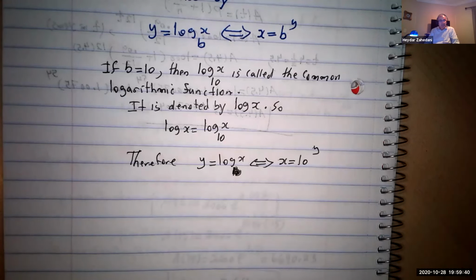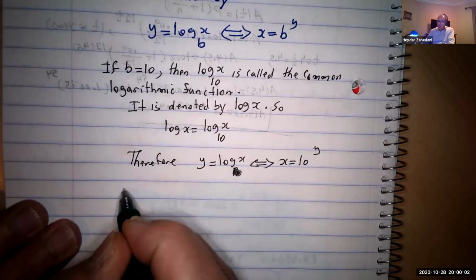There is no 1 for the base, so you cannot say that the base is 1. No, the base is 10, but we don't write it down. So this is one case. Any question? When you sit for the test, you realize that the base is 10.